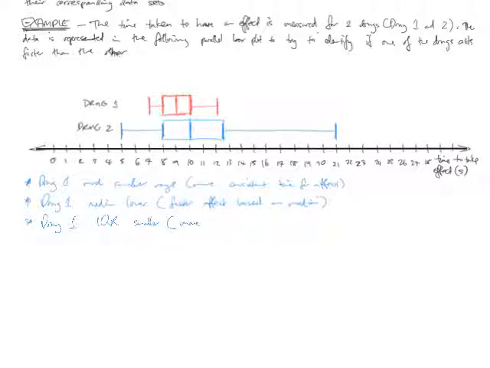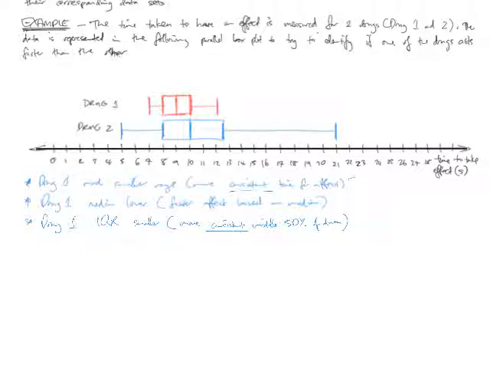It's telling you the same thing as before with the range: more consistent. Middle 50% of data, more consistent based on the different ranges. What else can we talk about? So those are the main points here.